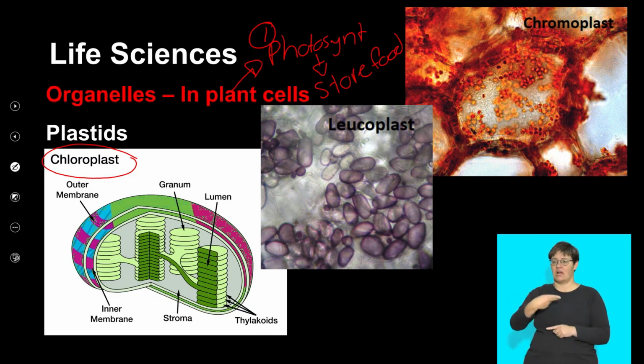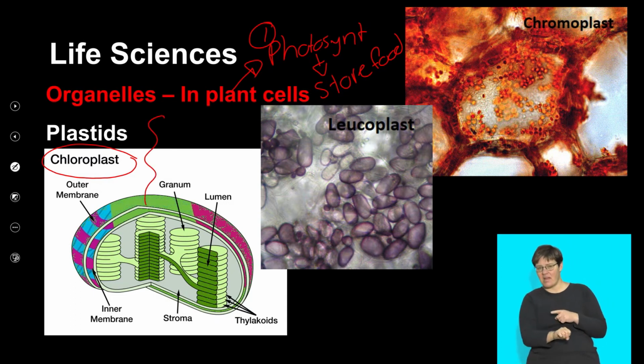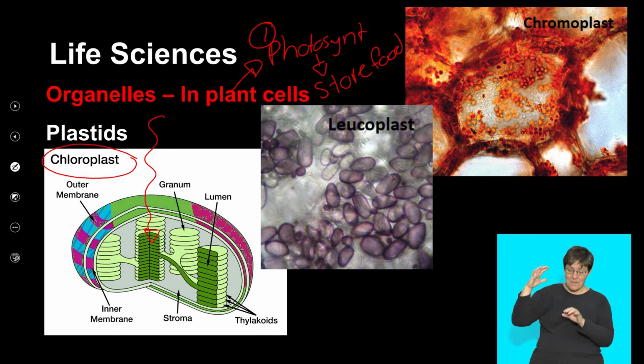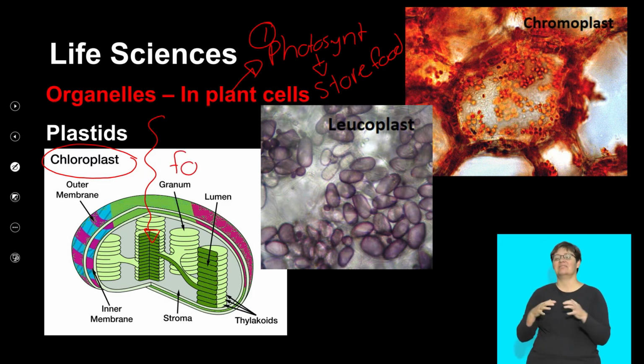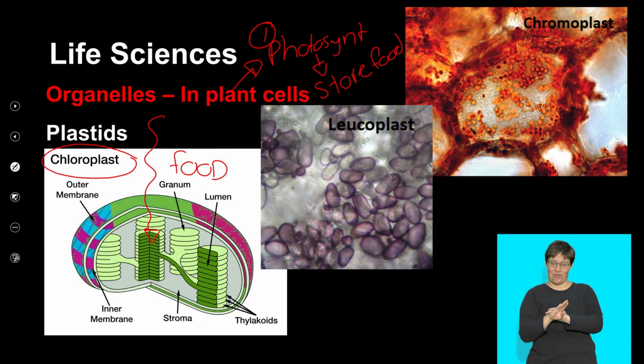And basically what happens, you'll look at it later on in your life science chapters, is that when sunlight hits the chloroplast, a whole lot of things are going to occur. And at the end, they are going to make the food. Now, what plants do is they are going to store the food. And how they store it is going to be in these cells.